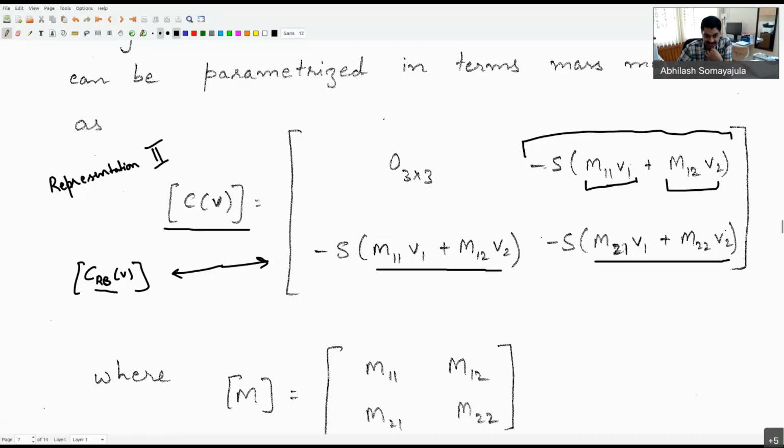And based on that, we are going to formulate what is our added Coriolis matrix, which we will represent as CA. And we'll do the same approach: we will take our added mass matrix, structure it into 3 cross 3 submatrices, and then in terms of that, we'll parameterize the value of CA.